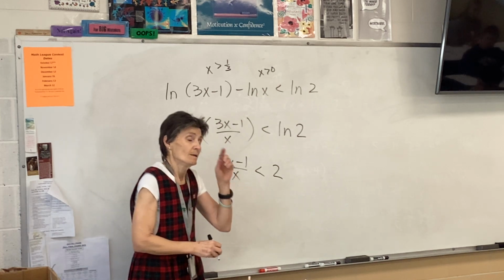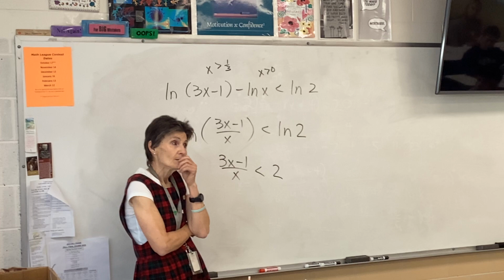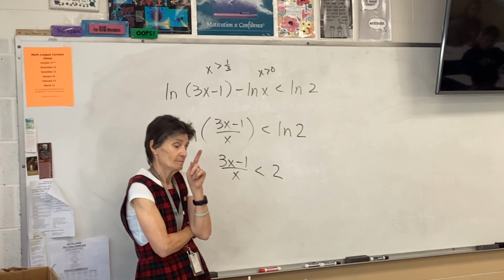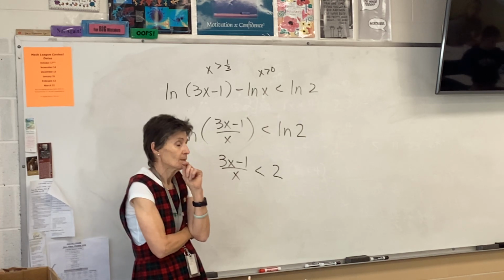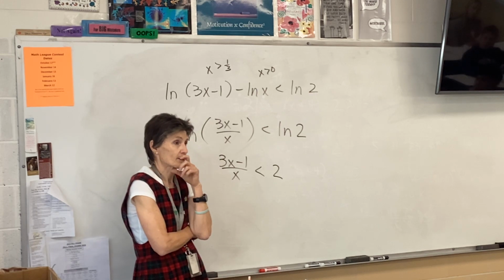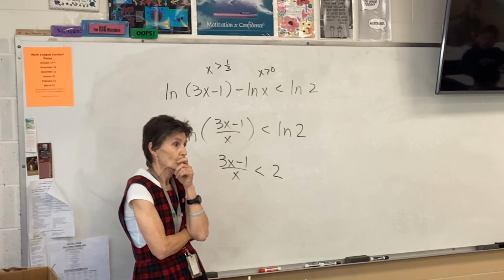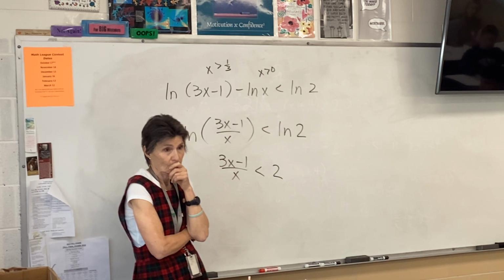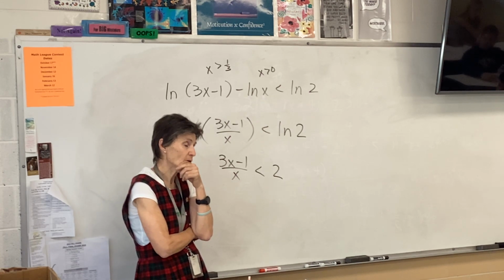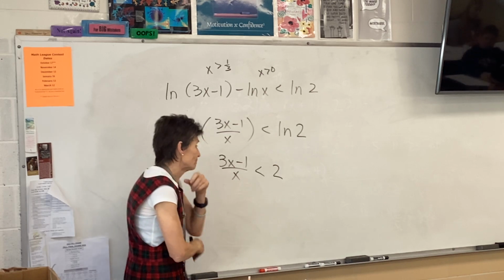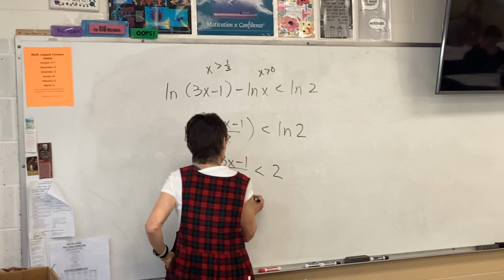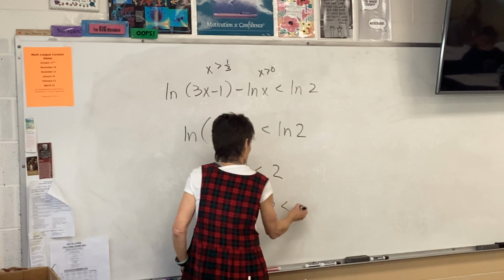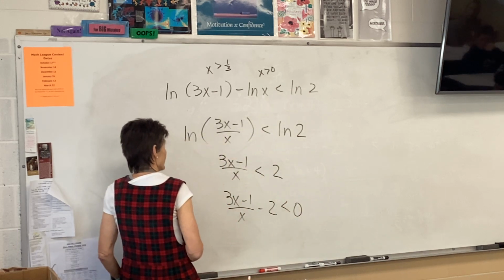Now, somebody, several of you, multiplied both sides by x. Can we do that in an inequality? No. So we're gonna have to get our 0.